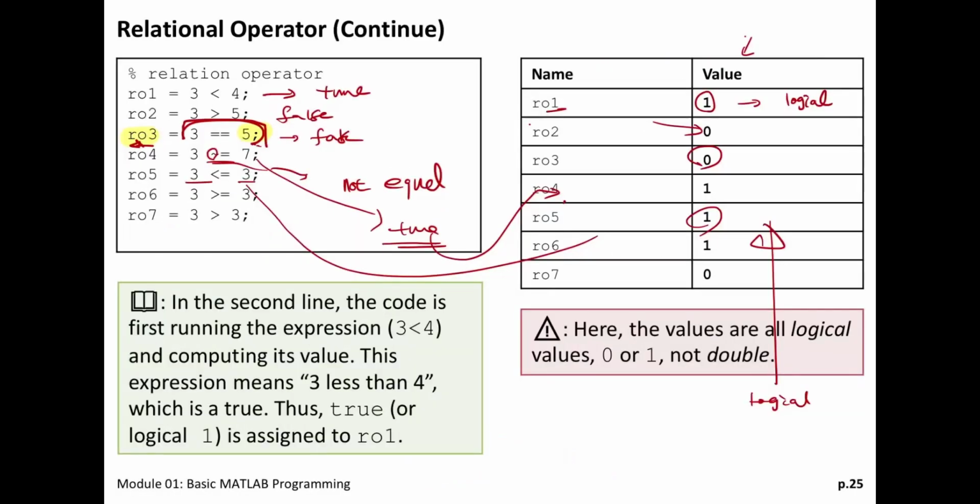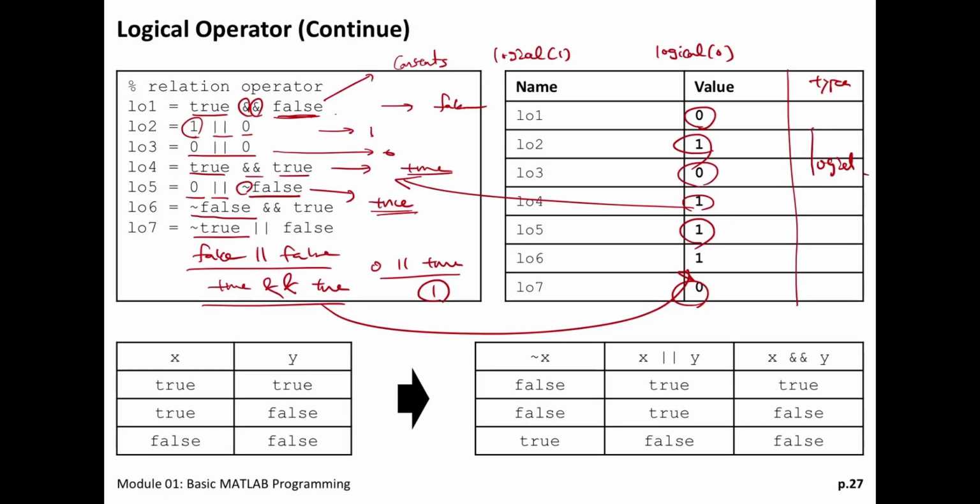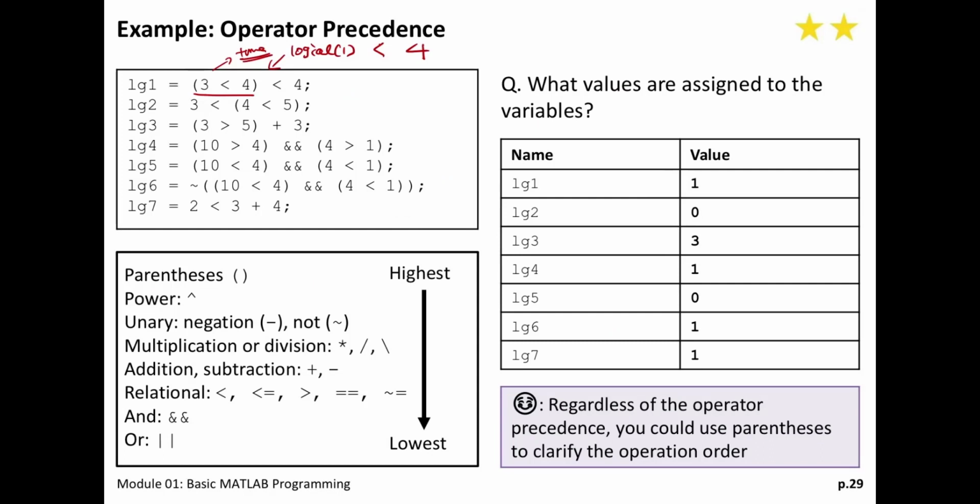What it means is, in this case, this one is implicitly converted to the double 1. That's why this one performed 1 less than 4. That's true.